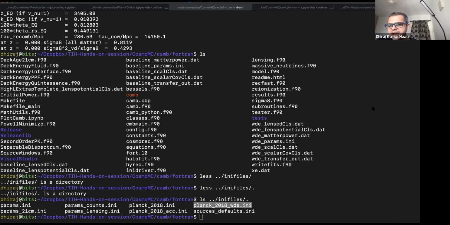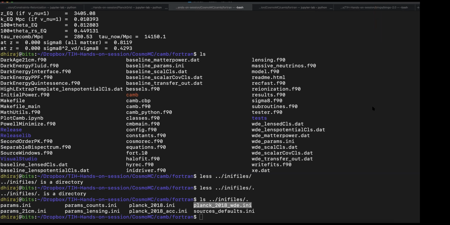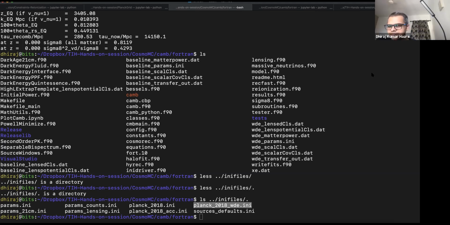So your Planck 2018.ini is there. Then I asked you to copy it from Planck 2018 to Planck_2018_WD.ini, without making any changes. But another thing is that if you are running with Planck 2018.ini, it should be there.